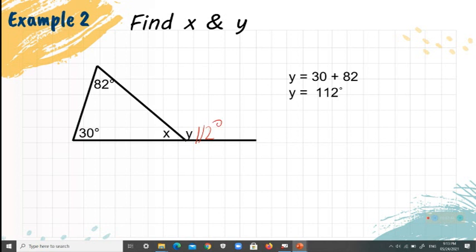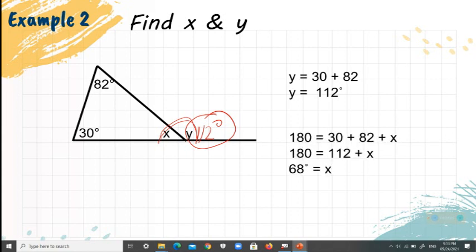Therefore, this time, you can find the measure of x or the value of x. So again, these two angles form a linear pair. So these two angles will be equal to 180 degrees. Since you already have here 112 degrees, so you will have 180 minus 112, or simply 180 is equal to 30 plus 82 plus x, because you can also have here a triangle.